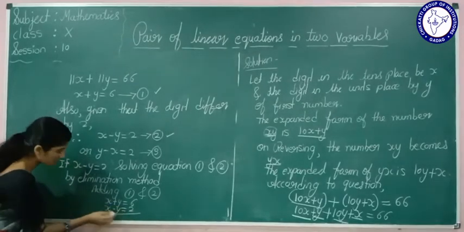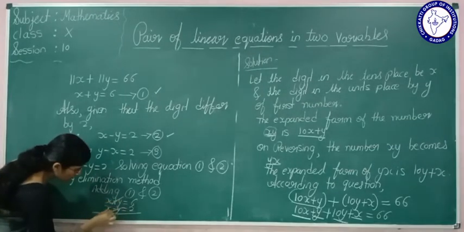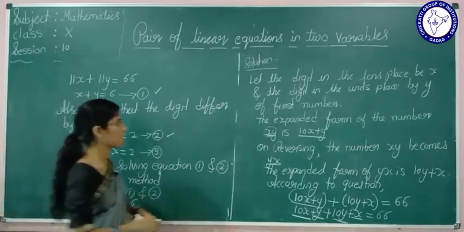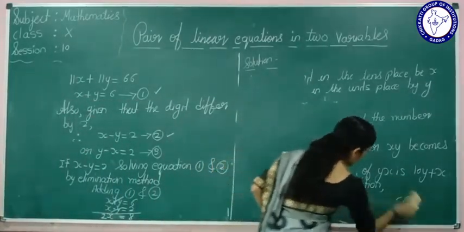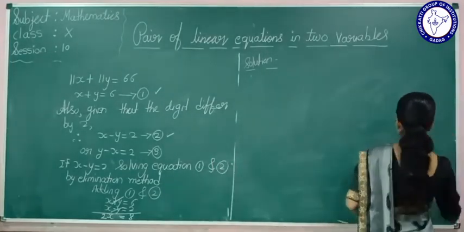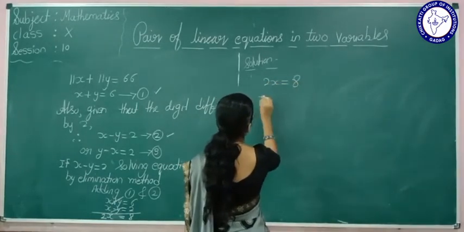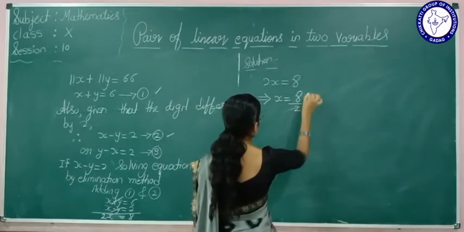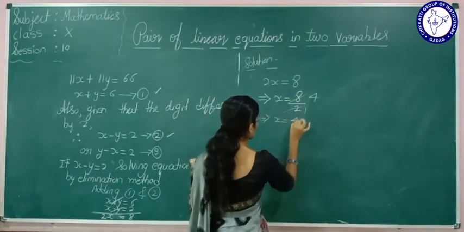Yes or no? x plus x is 2x. Plus y minus y will get cancelled. 6 plus 2 is 8. Now we got 2x is equal to 8. So this implies x is equal to 8 divided by 2. 2 ones are 2, 2 fours are 8. This implies x is equal to 4.